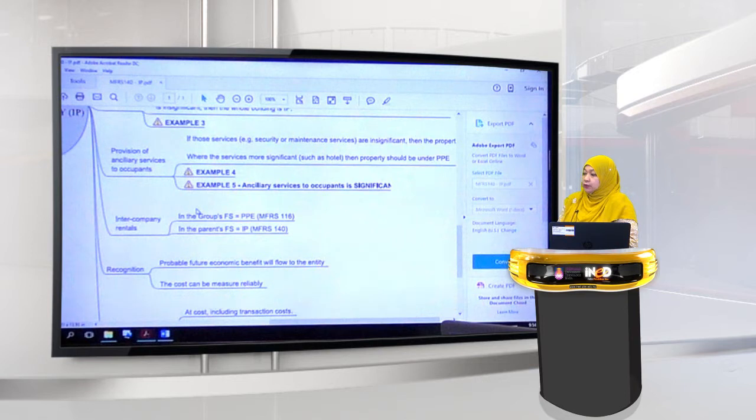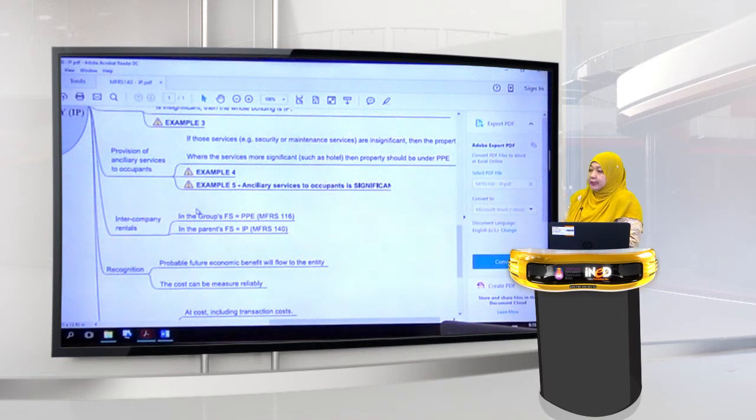And what we need to do is, when there is an intercompany rental, for example, the parent rents its property to its subsidiary, then the parent's financial statement would have an item known as rental income from subsidiary, and in the subsidiary's financial statement there is an expense known as rental expense to parent.